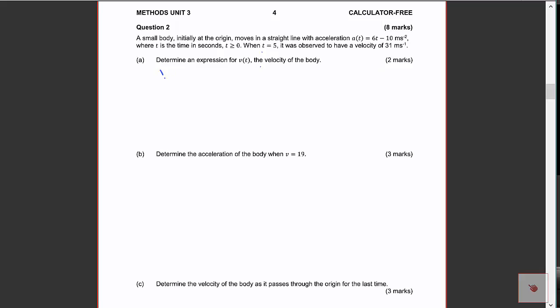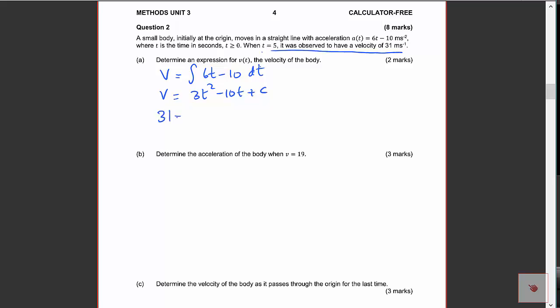We want an expression for the velocity, and that's going to be the integral of the acceleration. So that's going to be 3t squared minus 10t plus some constant. We have this information here to help us work out the constant.